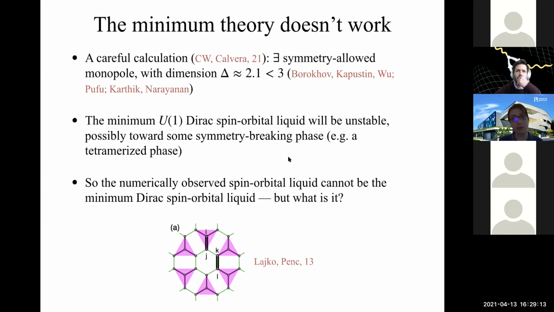Okay? And the nature of the spontaneous symmetry breaking phase that you can naturally get out of this theory, you can also figure out from the symmetry properties of your monopoles and the Dirac fermions. And in particular, one of the many possible symmetry breaking orders is called a tetramerized phase.